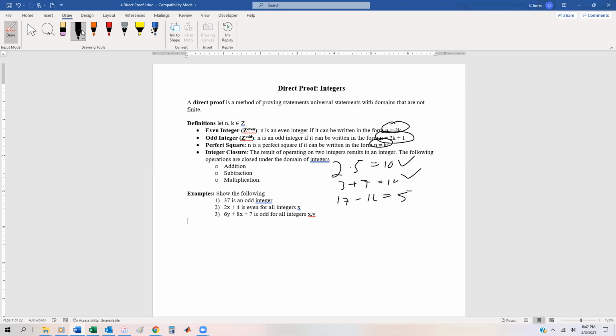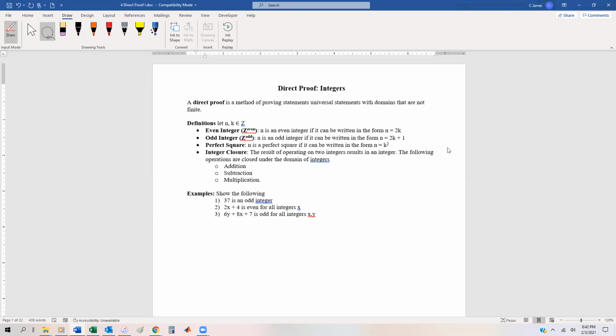Notice that division is not closed. For instance, 5 over 2 is equal to 2.5, which is not an integer. So it's not closed under integer division, but addition, subtraction, and multiplication are. We're just going to assume that's true for every pair of integers.